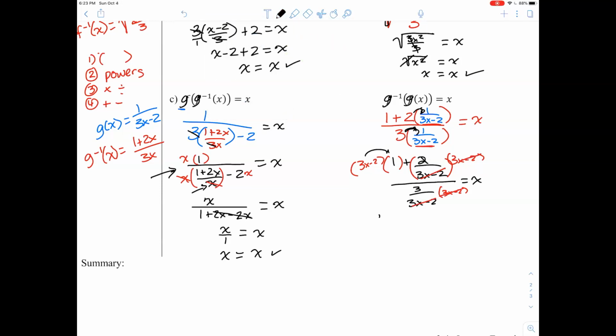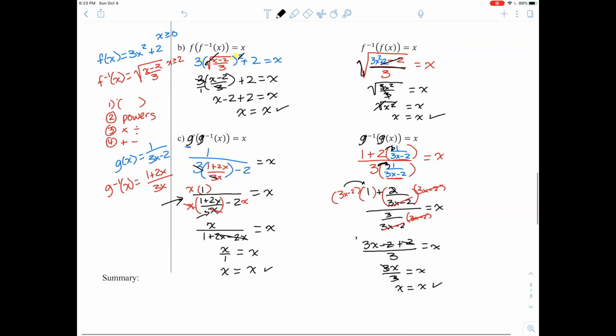So 3x minus 2 times 1 is just 3x minus 2 plus 2 all over 3 equals x. So you can see that's working out quite nicely. And then the 2's will cancel. So we have 3x over 3 equals x, and cancel through division, x equals x.